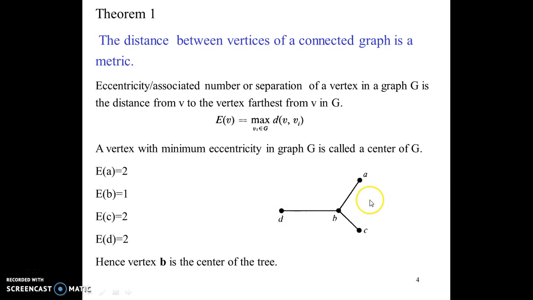The faraway vertices for A are D and C. Therefore, the distance to the furthest node for A is 2. Similarly, the eccentricity of B is 1, C is 2, D is 2. The center of this graph is the vertex B, since B has the minimum eccentricity value 1.